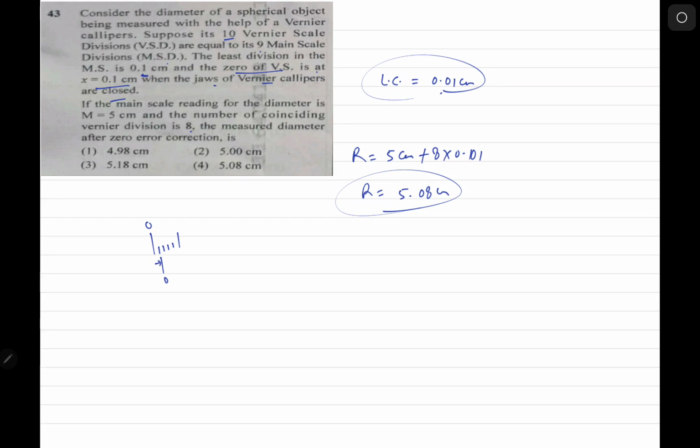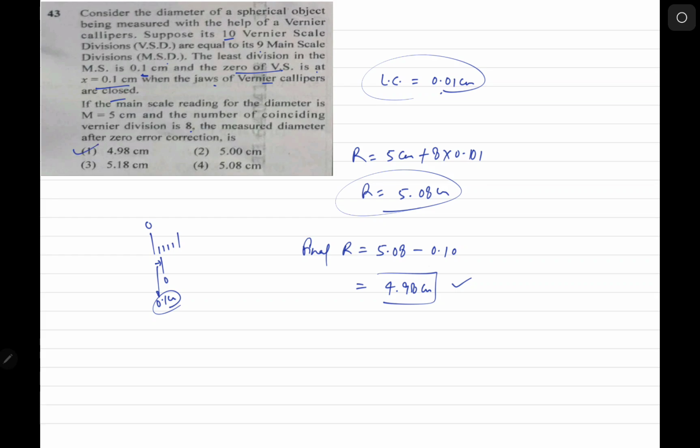This distance from the zero of the main scale to where the zero of the vernier scale lies is 0.1 centimeter, as given. If it is a positive zero error, then we need to subtract it from the reading. The final reading is 5.08 minus 0.1, which makes 4.98 centimeter. That is the answer, option number 1.